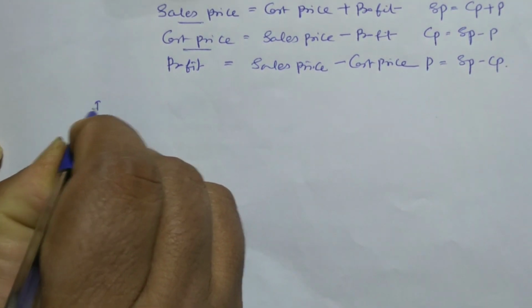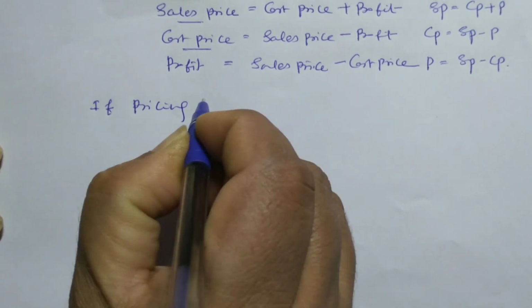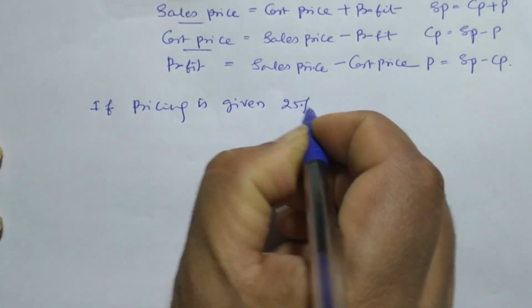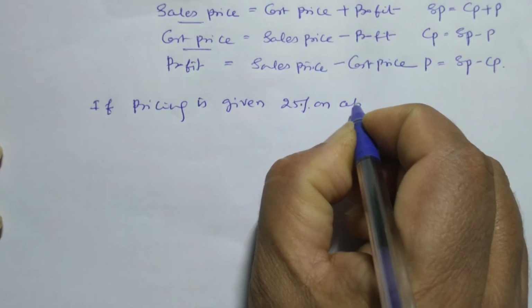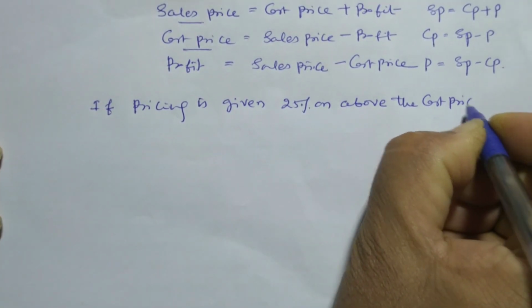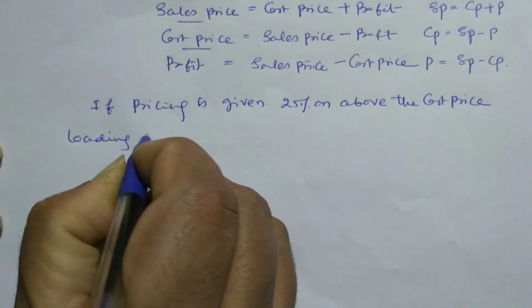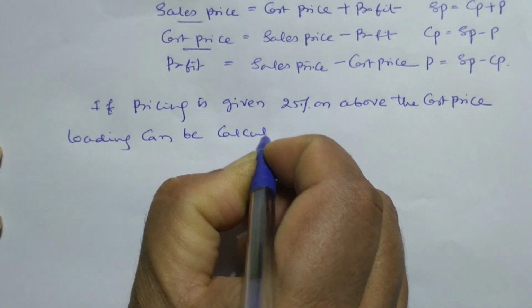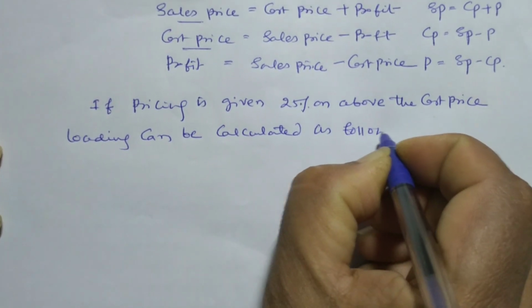If pricing is given as 25 percent above the cost price, in such cases loading can be calculated as follows.